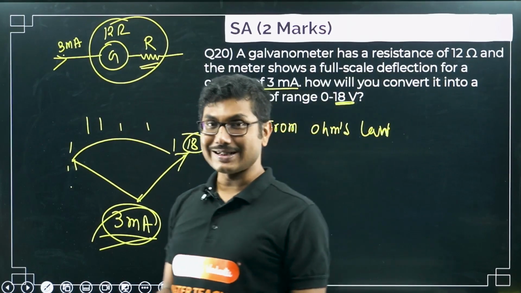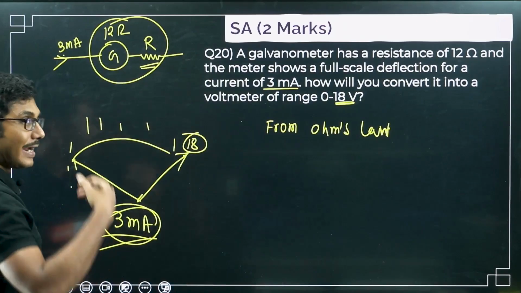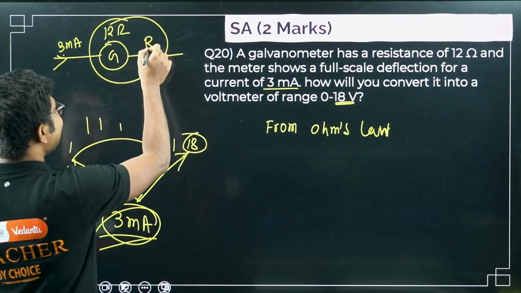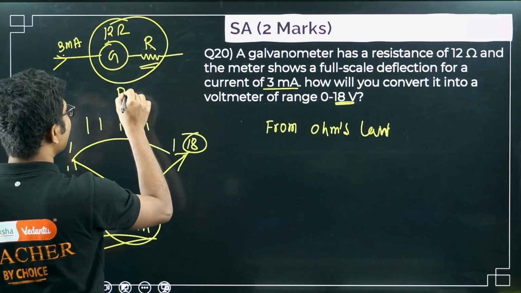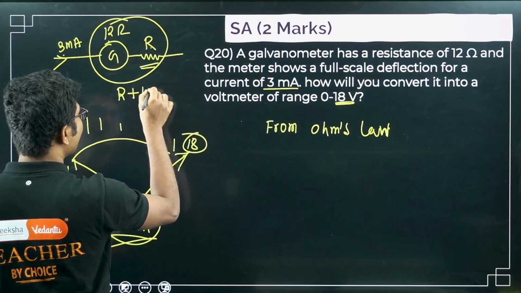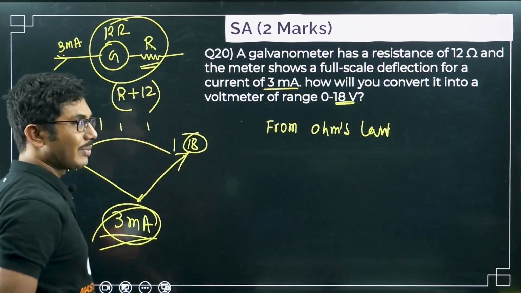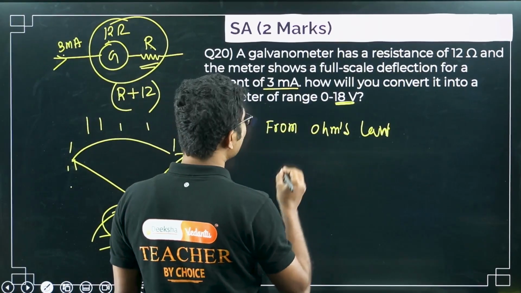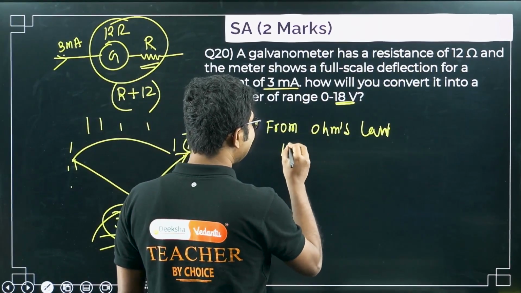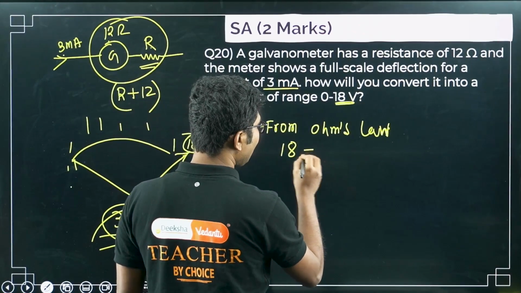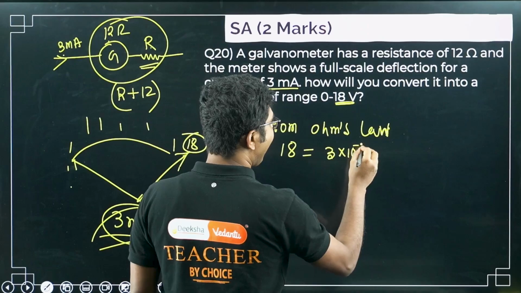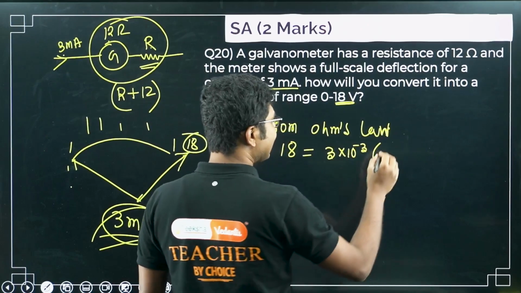We have discussed this multiple times today, in objective, in discussion. Here they are connected in series, so the equivalent resistance will be R plus 12. From Ohm's law we know that V equals IR. So V is here 18, I is 3 milliampere, and R is R plus 12.